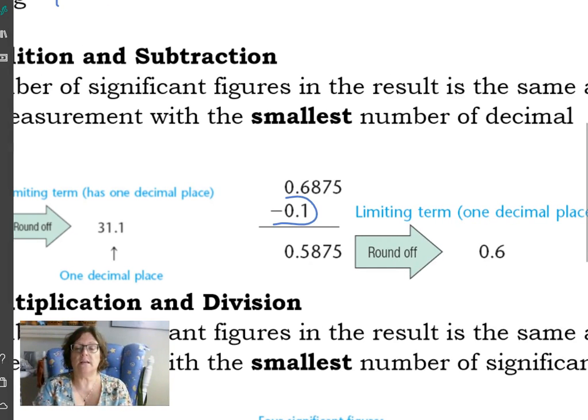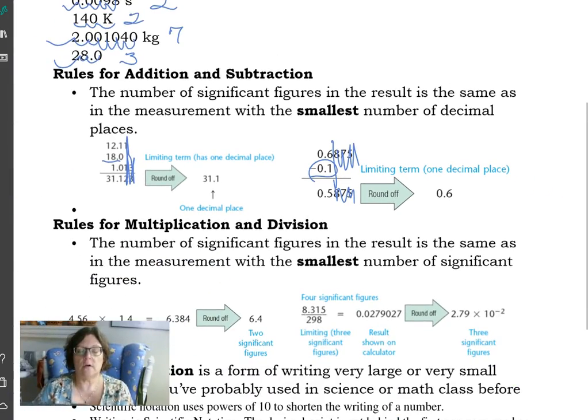Subtraction. This one is less precise, so we ignore those digits. 6.6 minus 0.1 would be 0.5. However, if you do the math and then ignore them, that would round up to 0.6.